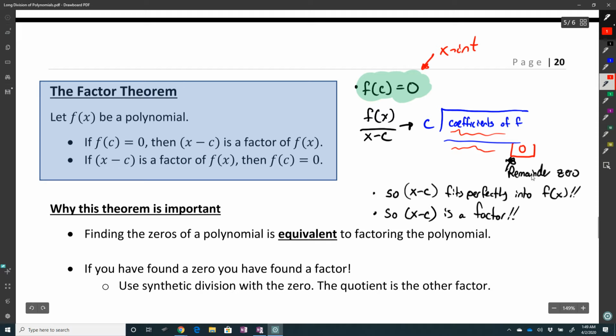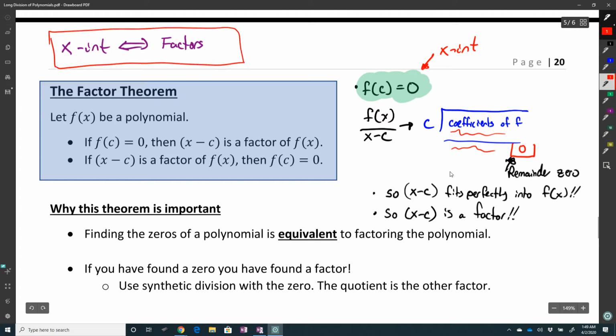Well, having a 0 remainder means that it's a perfect fit, which thus means it's a factor. Okay? So what the factor theorem tells us is that x-intercepts are equivalent to factors. And this is a really, really, really huge idea. If you know an x-intercept, you know a factor.